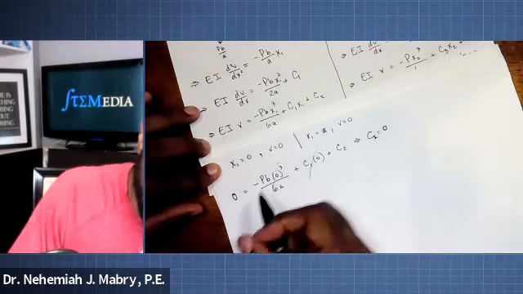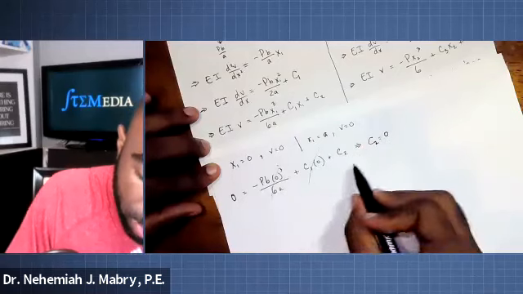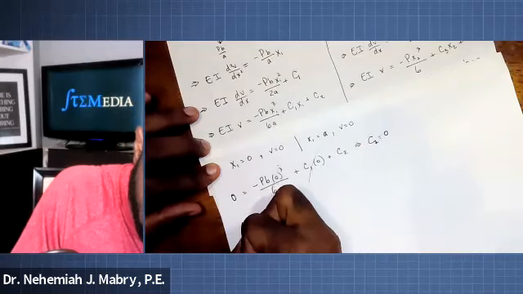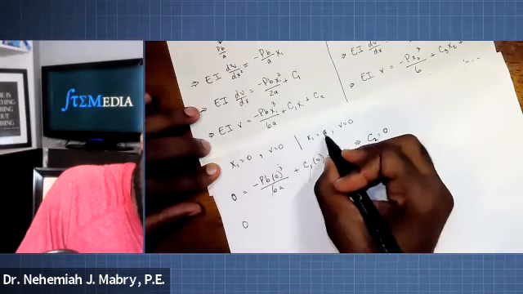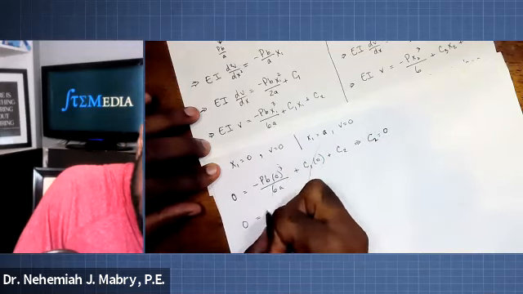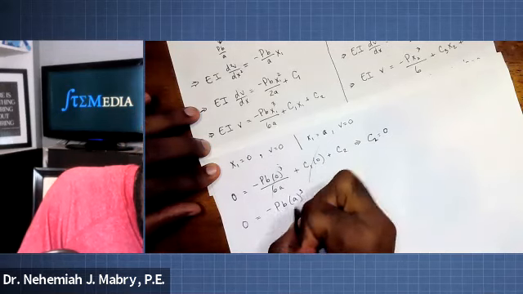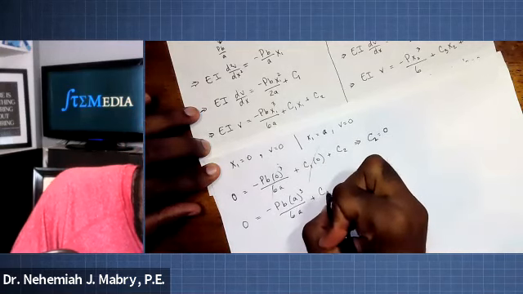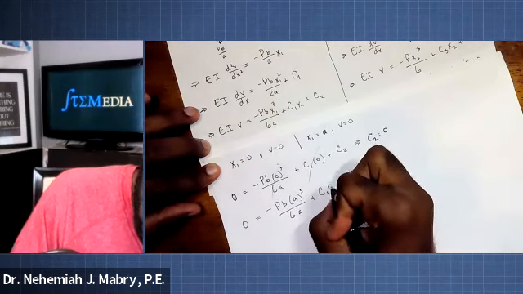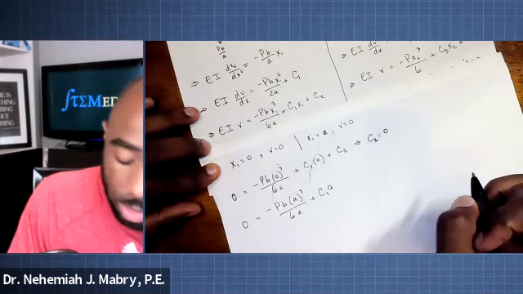Now, for this next one, we say that when x1 is equal to a, the displacement is also 0. So let's write this same displacement equation, set it equal to 0. But now instead of plugging in x equals 0, we're going to say x equal to a: negative PB times a cubed over 6A plus C1 times a. And we already know C2 is equal to 0, so we don't need to write C2.